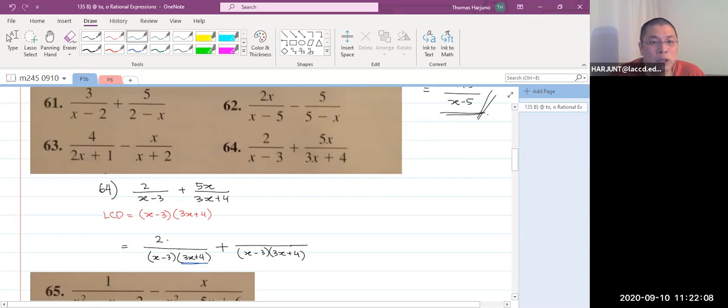So that's what I will multiply on the top also: 3x plus 4. On the second fraction, x minus 3 is the newcomer in the denominator. So the 5x we originally have on the top will be multiplied by x minus 3.